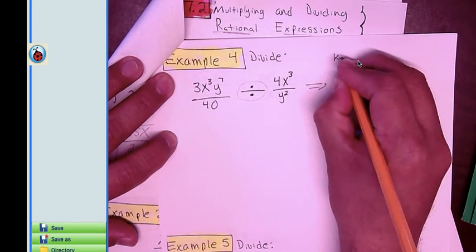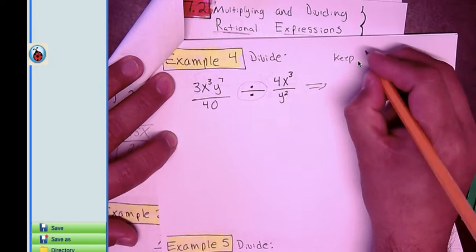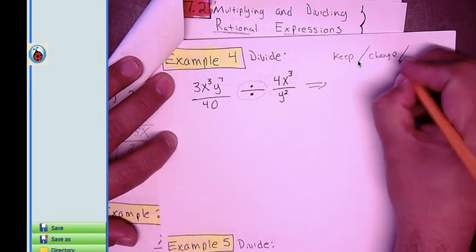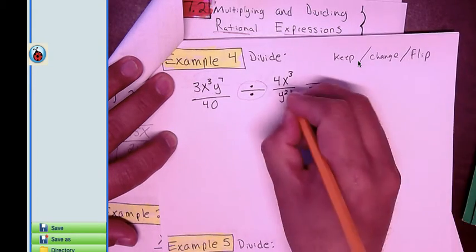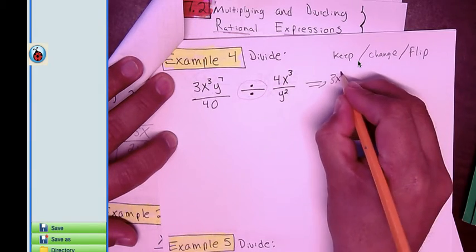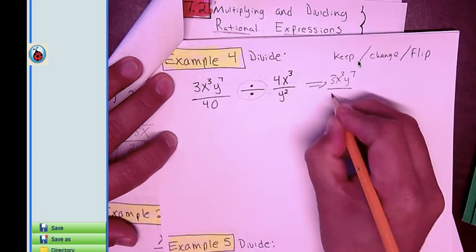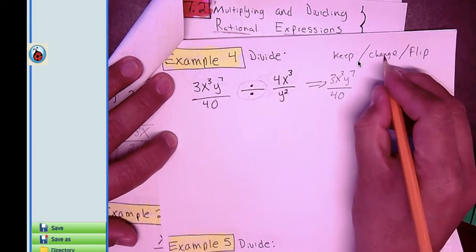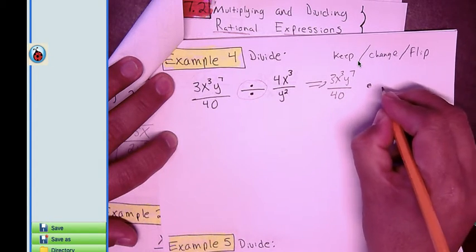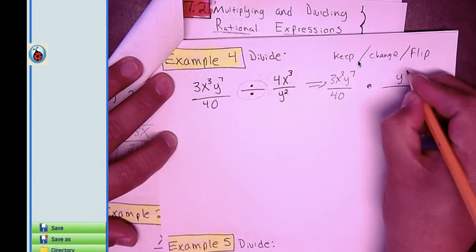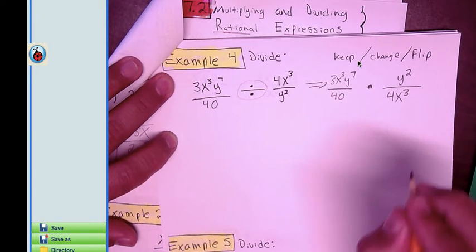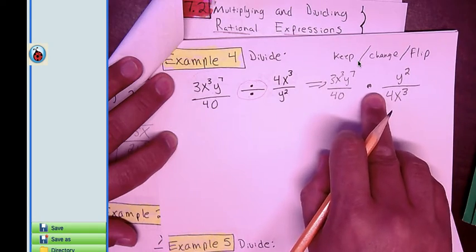So you keep, and then you change this, and then you flip this, and this is how it looks. So you keep the first one. This one you change to a multiplication, and that one you flip it. So now it's a multiplication instead of a division.